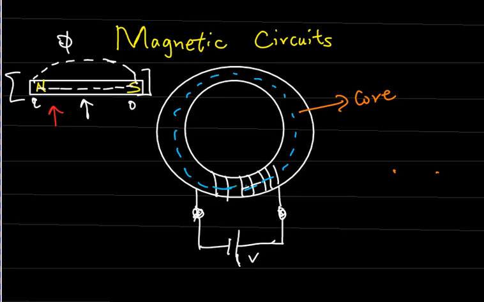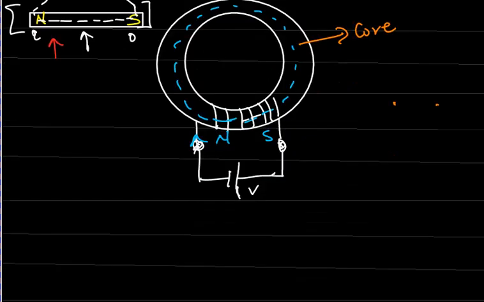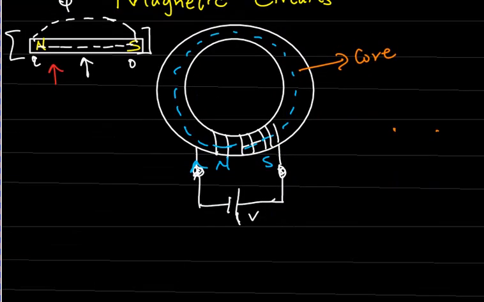From the north pole, because now you are supplying a current to this coil, the coil now becomes a bar magnet. One end of the coil is the north, while the other end becomes the south, and as a result magnetic flux is established, which follows a path and returns back to where it is coming from. So it is a closed path. Please take note of that.